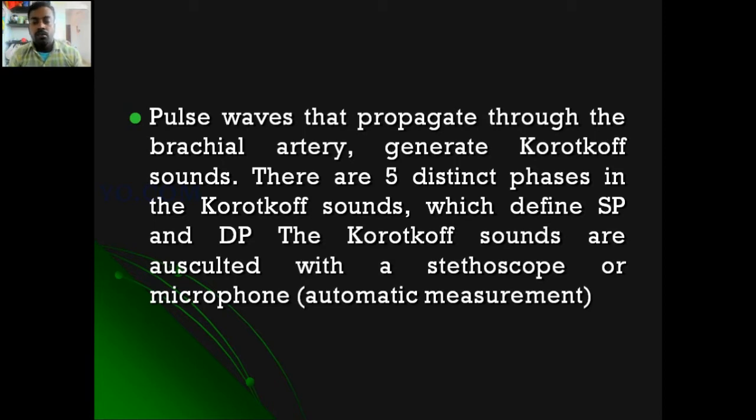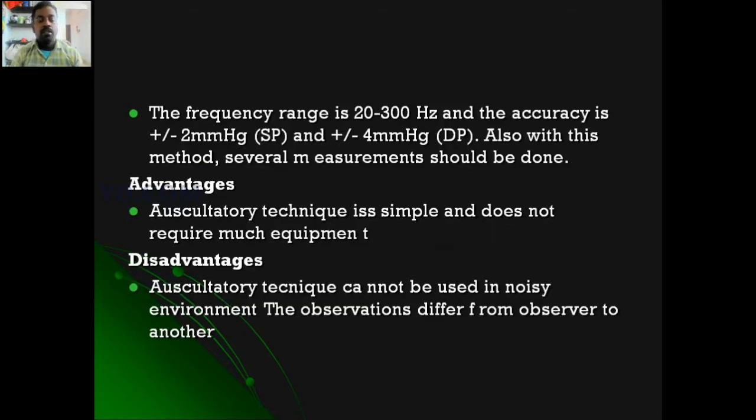The Korotkoff sounds are detected with a stethoscope or microphone. In automatic measurement they use a microphone. The frequency range is 20 to 300 hertz and the accuracy is plus or minus 2 mmHg for systolic pressure, and plus or minus 4 mmHg for diastolic pressure.